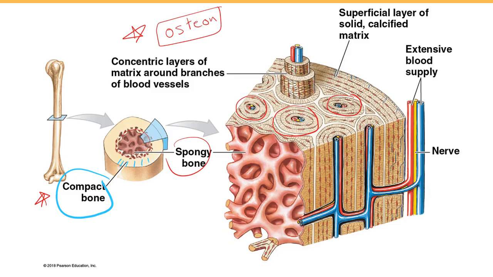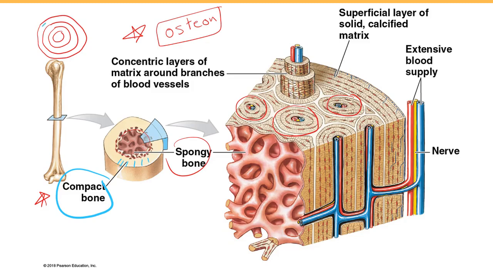If I want to draw an osteon, I'm going to draw a circle, and then around this circle another circle, and then another circle. So it's going to be repeating units. Each circle is actually bone tissue, which is composed of bone cells. Here the bone cells are called osteocytes.